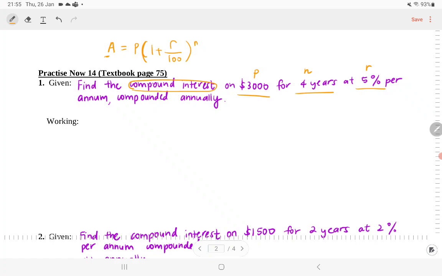So let's do the question. A equals, my principal amount is $3,000. My interest rate is 5, so 5 over 100. 5% is 5 over 100, right? And N is 4. So you calculate this. I'll give you a moment to calculate, because I also need to calculate.